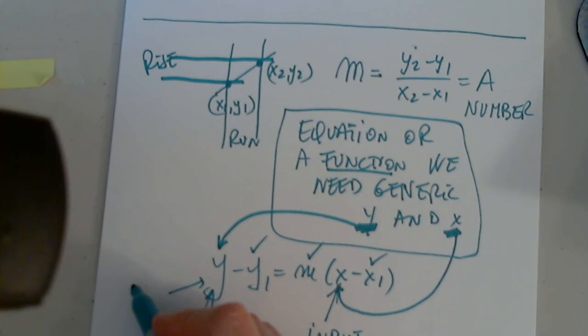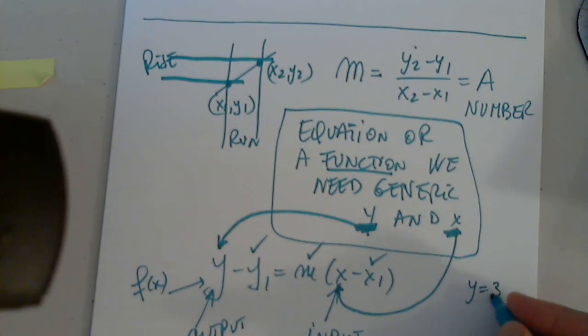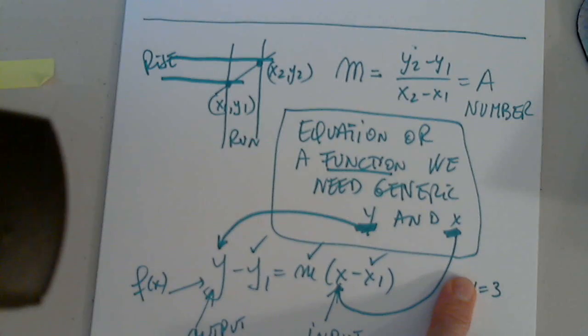This also can be denoted by f of x. But if I don't have plain y and plain x, I don't have a function. X could go away because even y equals 3 is a function. But y cannot go away. If I don't have y, then I don't have a function. I don't have an equation. Is this clear?